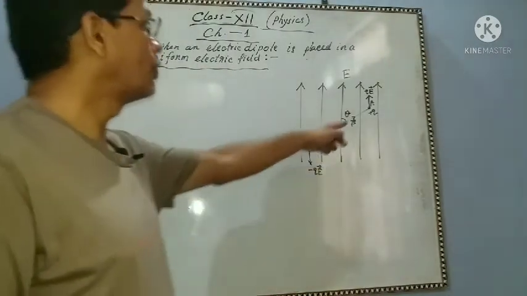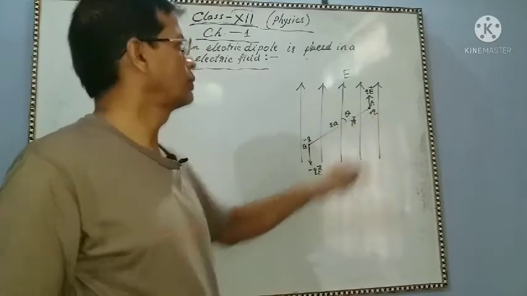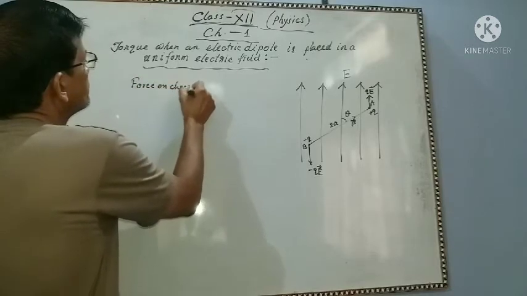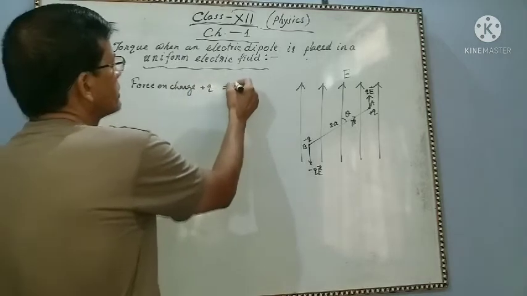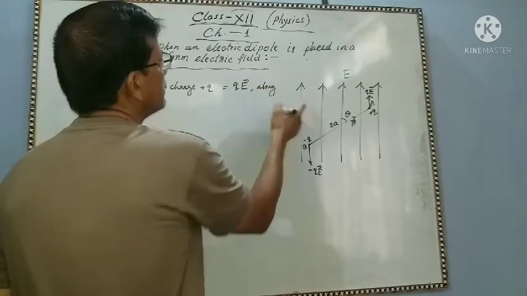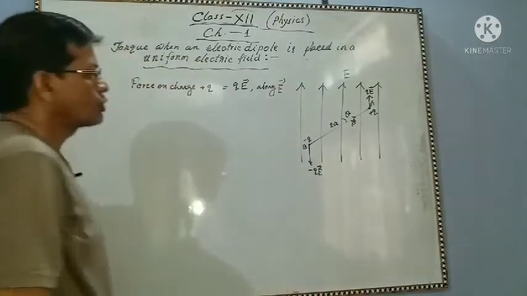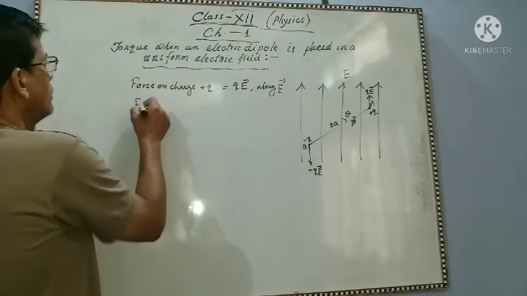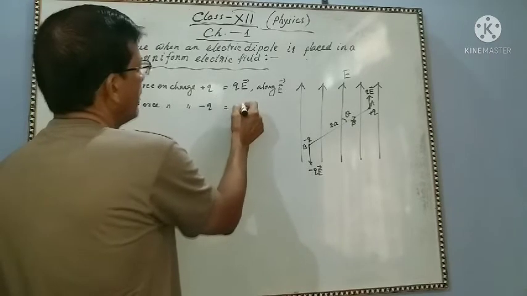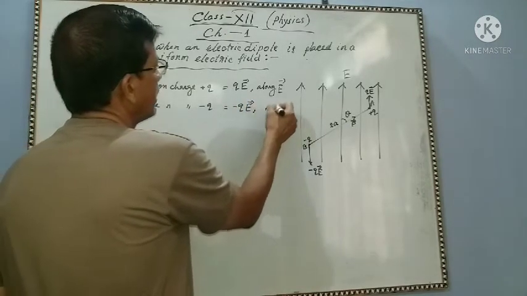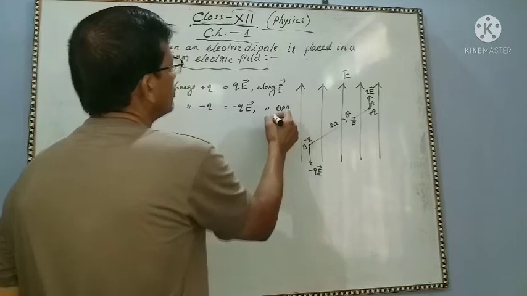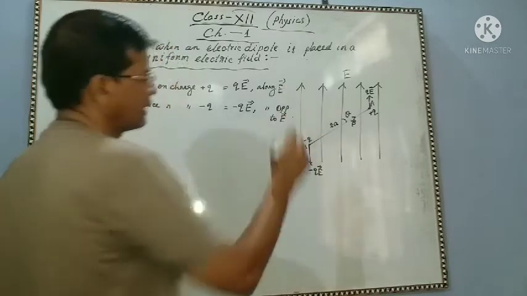So the force on charge plus Q equals Q into E, along the E vector, and the force on charge minus Q equals minus Q E vector, along the opposite direction to the E vector.